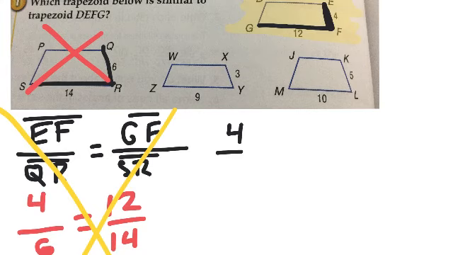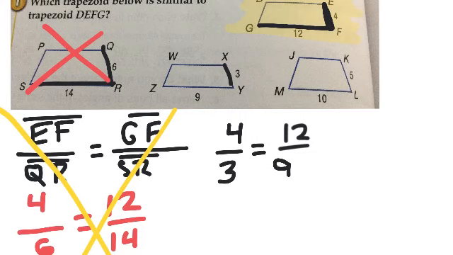Now it's side XY. So side XY has a value of 3. Equals, then I did side GF, which was 12 over, and then which side is corresponding to GF? ZY, which is 9. So now I want to see, do these fractions reduce to be the same thing?